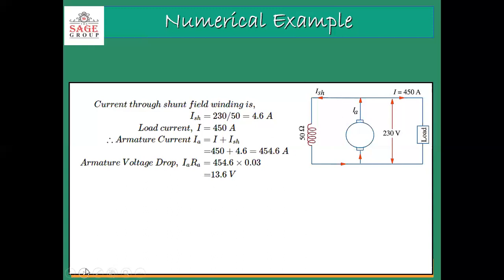Applying KCL at the node where the load, field winding, and armature are interconnected, we can calculate armature current IA equal to load current I plus shunt field winding current ISH. The total armature current is equal to 450 plus 4.6 amperes, that is equal to 454.6 amperes.